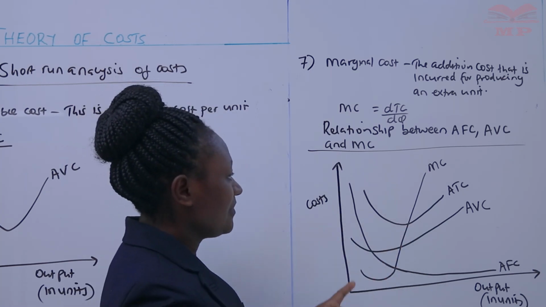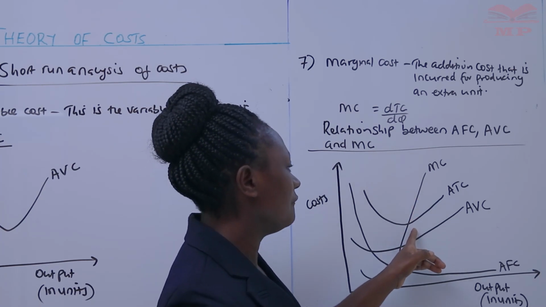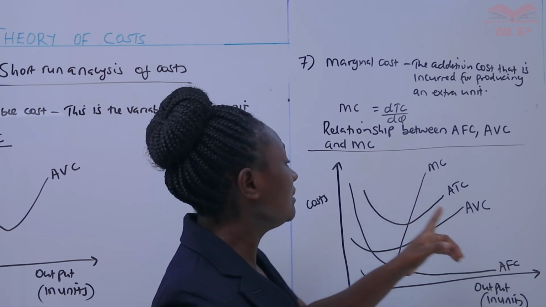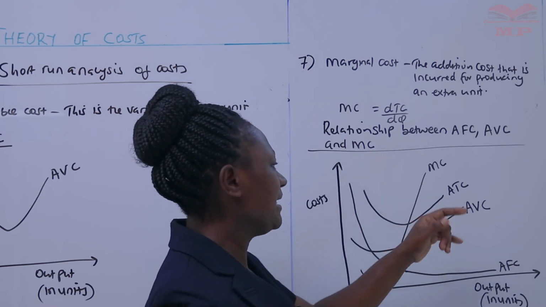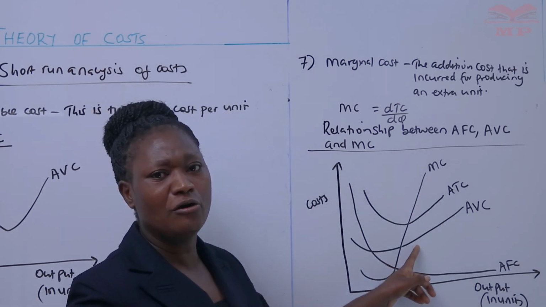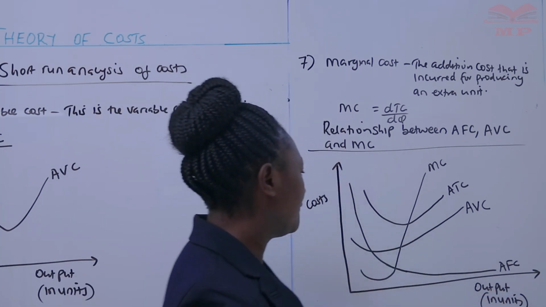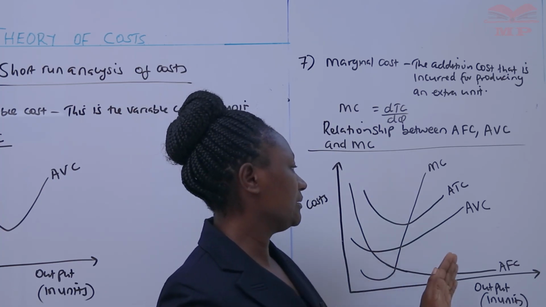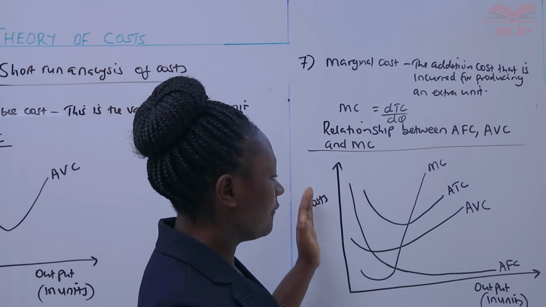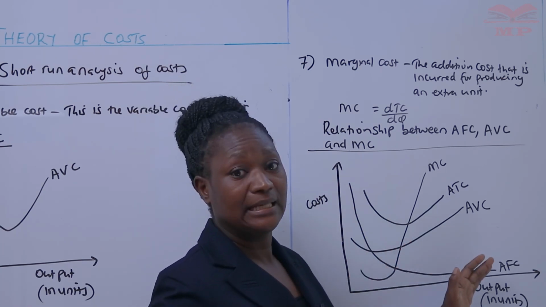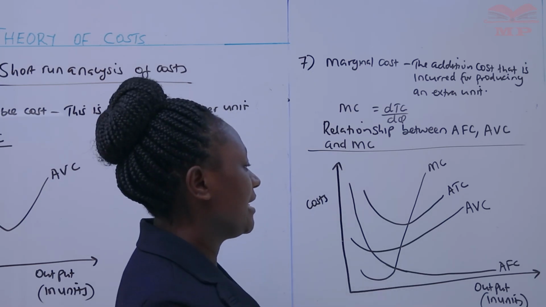Once we have that intersection, when the MC is above the average variable cost, the average total cost is increasing, and the average variable cost is also increasing. And then average fixed cost is falling continuously, as the others are rising, though it is not able to reach the x-axis.